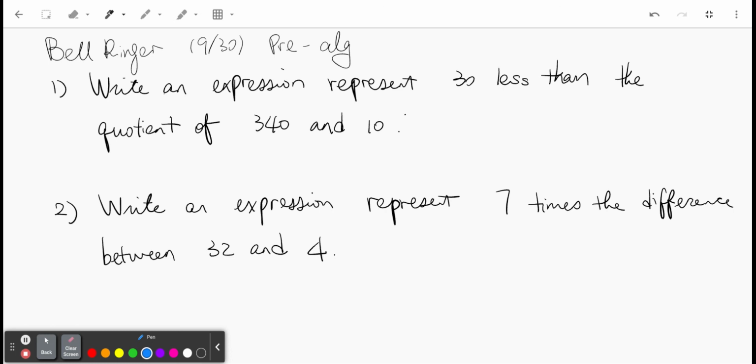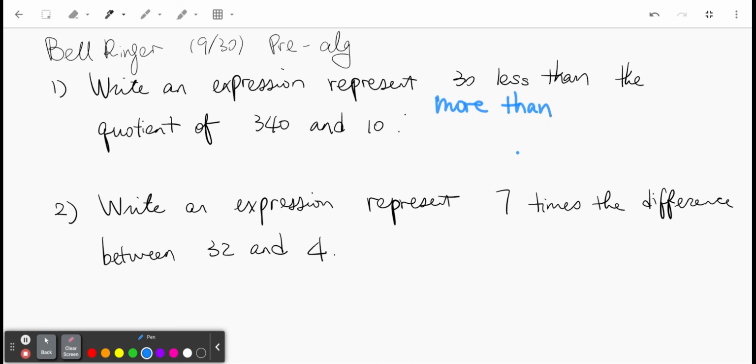There are many different English words that can directly translate into mathematical symbols. So let's look at them. Let's make a list. We have more than. What does more than mean? More than can be translated into what kind of symbol?